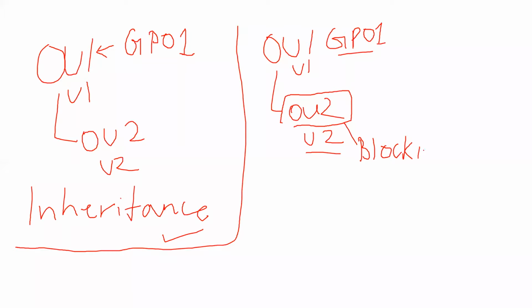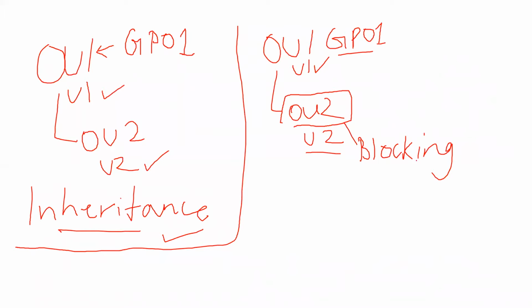Now, what blocking does is, blocking will make sure that the policy does not come down, which means earlier GPO1 was going to user 1 and 2 because of inheritance. Now GPO1 will be given only to user 1 and not to user 2. Oh, that's good. That solves my issue. But that's not enough.